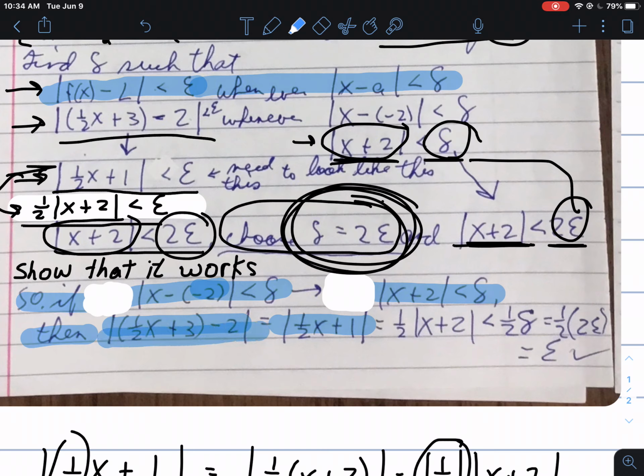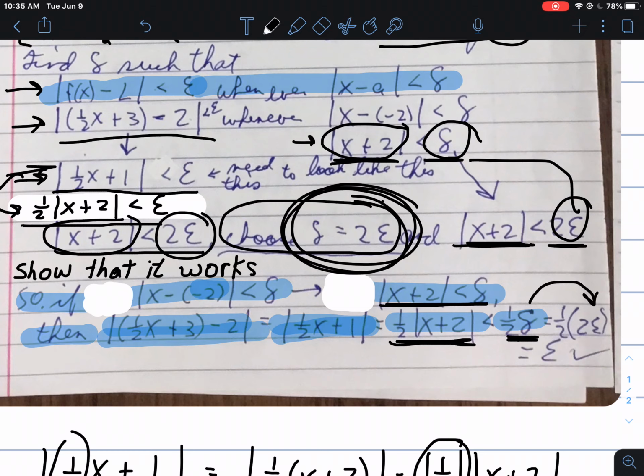Why? Because if x plus 2 is less than delta, then 1/2 times x plus 2 would be less than 1/2 times delta. And then I can replace delta with our 2 epsilon, because we said we're going to choose delta to be 2 epsilon, which leaves me with 1/2 times 2 epsilon, which is epsilon.